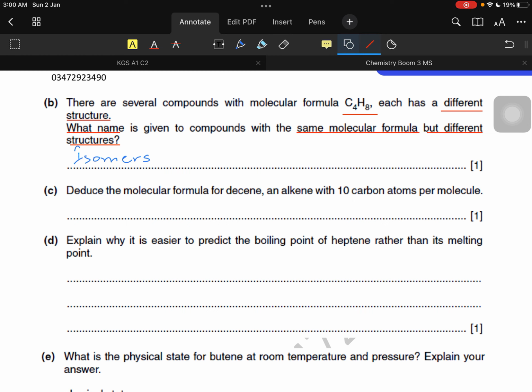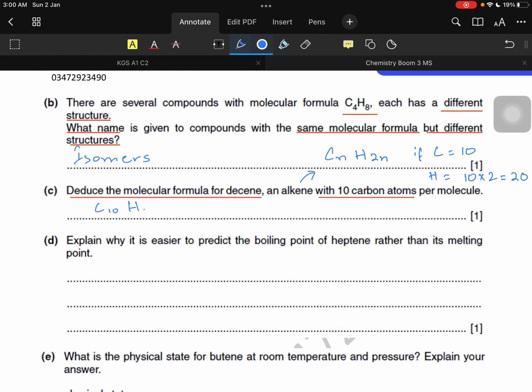We need the molecular formula of decene, which is an alkene with 10 carbon atoms. So if it's an alkene, the general formula should be CnH2n. If carbon is equal to 10, hydrogen should be equal to 10 times 2, which is 20. So the formula becomes C10H20.